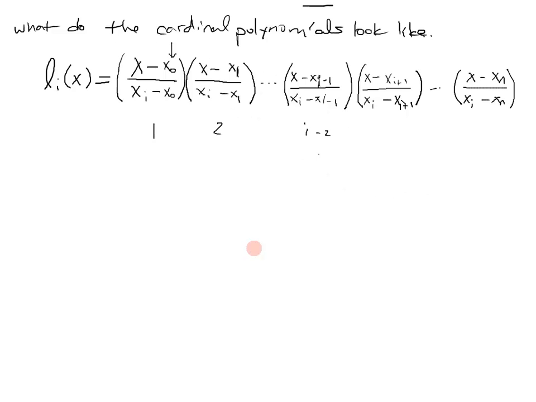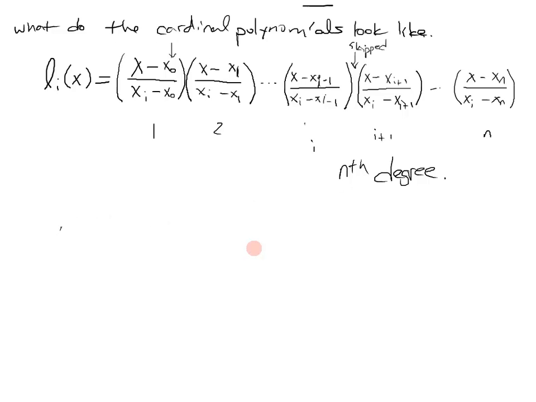This one is 1, I've got 2. So I've gotten to i. Now this one, since it's the very next one, it's i plus 1. Notice again, I skipped the pattern right here, so there's not actually an i here. From that point on, it's going to match the index. So I have n. So it's an nth degree polynomial.